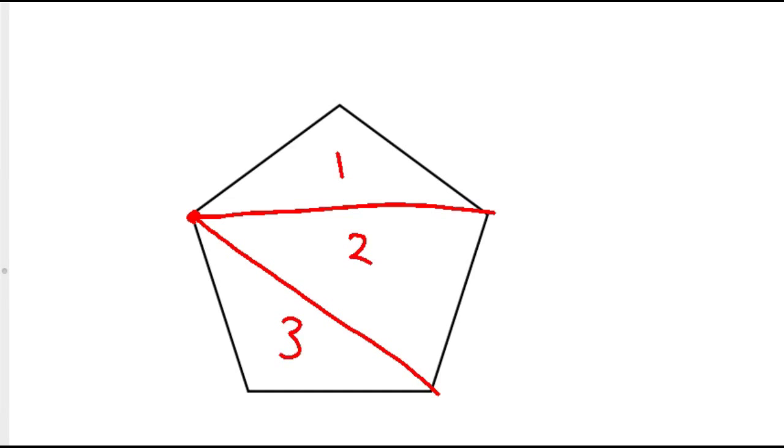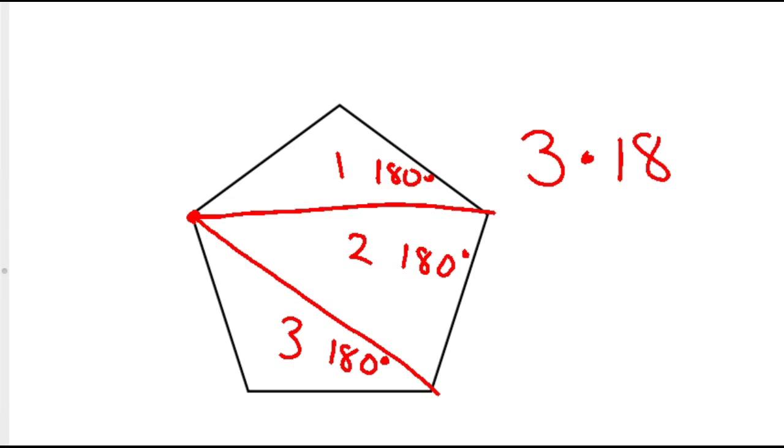And those triangles each have a sum of 180. So we know that about triangles. And there's three of them. So I know that a pentagon is 3 times 180 degrees, or all the angles inside a pentagon are 540 degrees. Okay, so that's the sum of the interior.